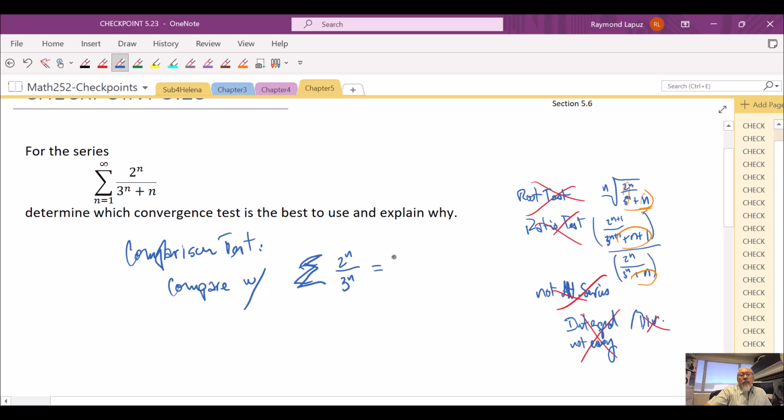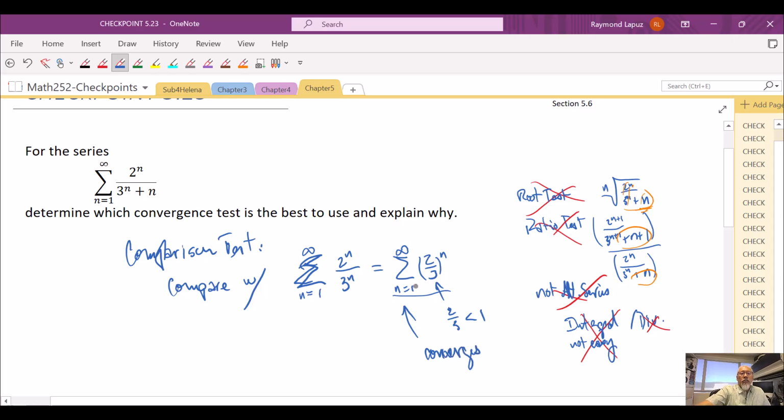So this is equivalent to 2 over 3 to the nth power, and of course we have to know what happens to the series we're going to compare it to, because if we don't, then that's not useful. This is a geometric series. 2/3 is less than 1, so we know that this whole thing converges.